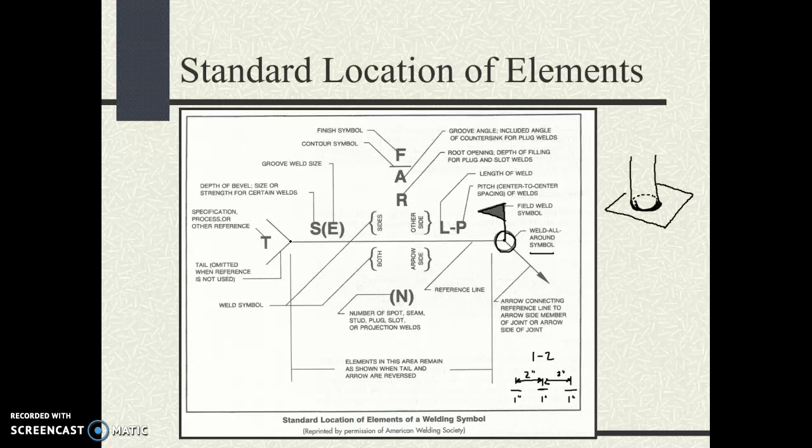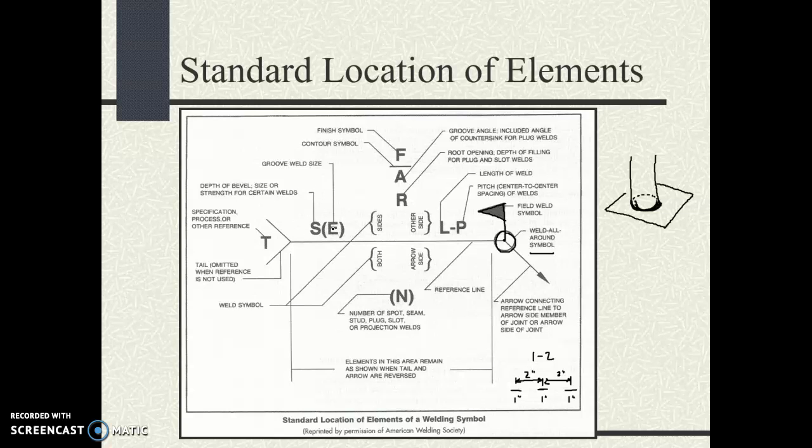The tail, as I said, sometimes it's there, sometimes not. It's usually omitted if there's no particular reference, but if you need to add some additional notes or something, that usually goes here on the end. And the numbers over here are going to indicate, for fillet welds, the size of the weld over here to the left, like you might have a 1/2 inch fillet weld or a 1/4 inch fillet weld or something like that.